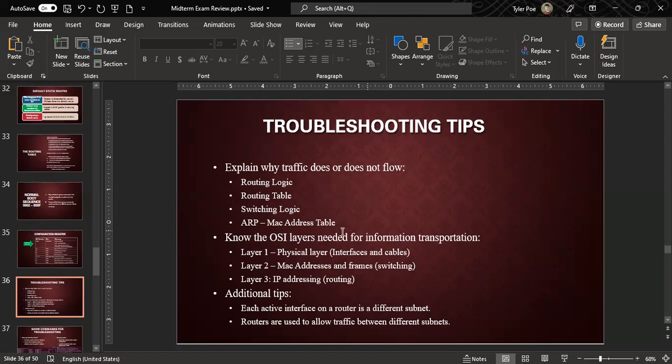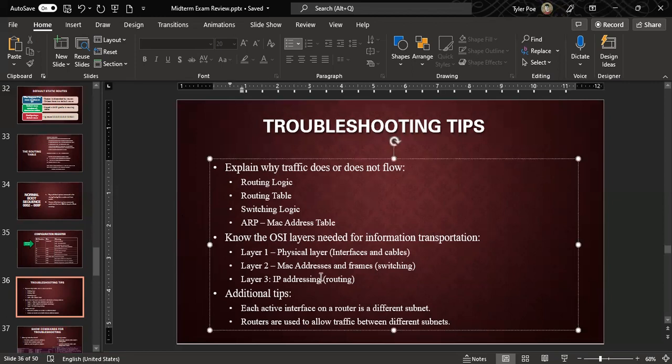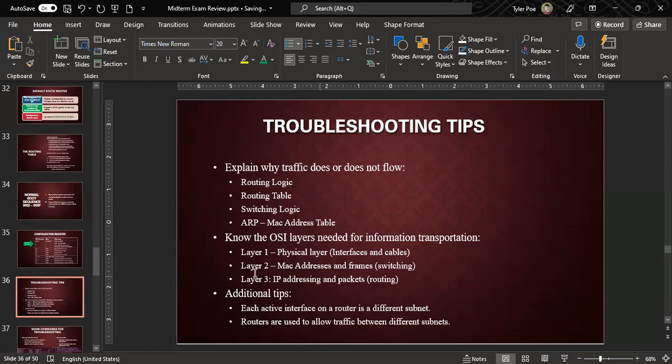You also want to have a general knowledge of the OSI layers that are involved in network transportation. Layer 1 is the physical layer, that's interfaces and cables. Layer 2 is MAC addresses and frames, that's switching. Something to add here is IP addresses and packets. There's actually a difference. Packets are a layer 3 construct.